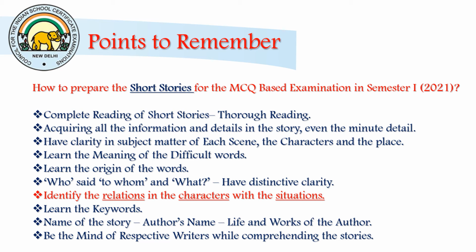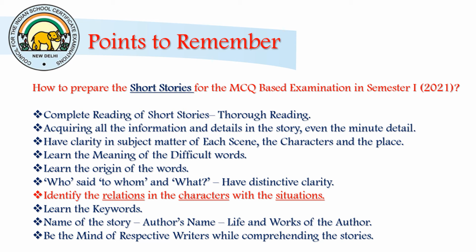Identify the relations of the characters with the situations. For example, if you take the story To Build a Fire, the dog and the man. What relation is the dog having with the man? According to the situation, it changes every now and then. The man, along with his relation with the other character, maybe the dog, at times the weather, the situation.